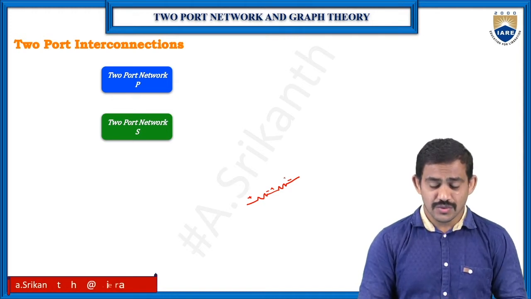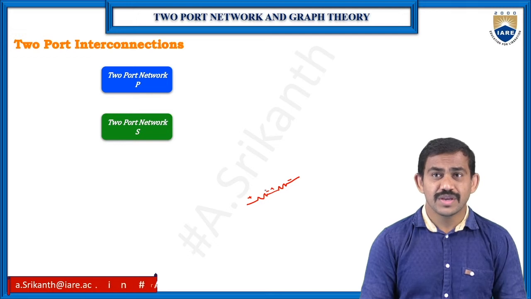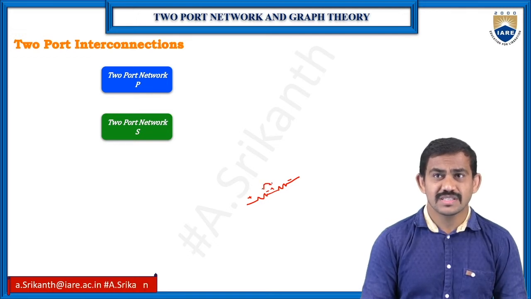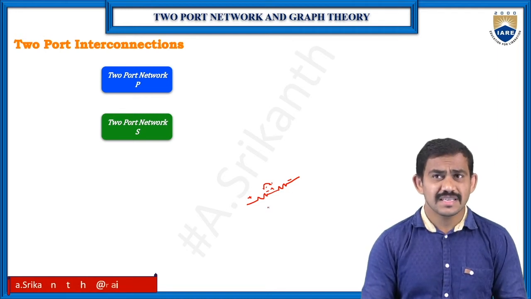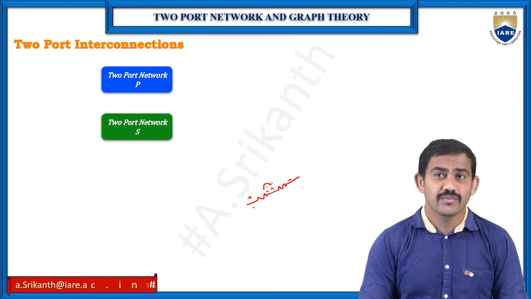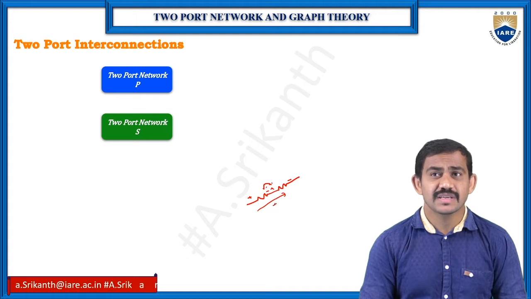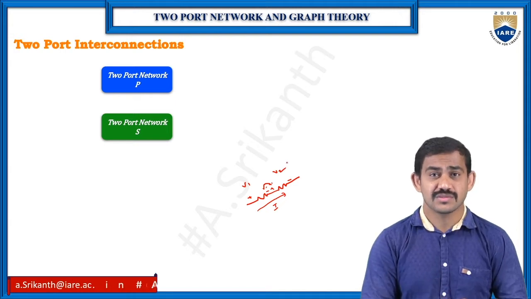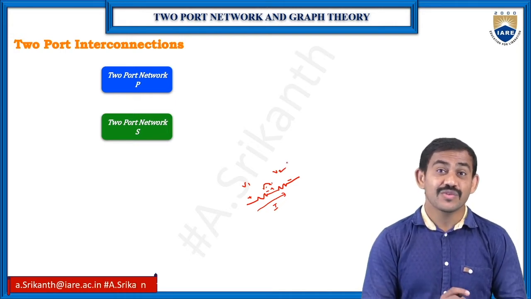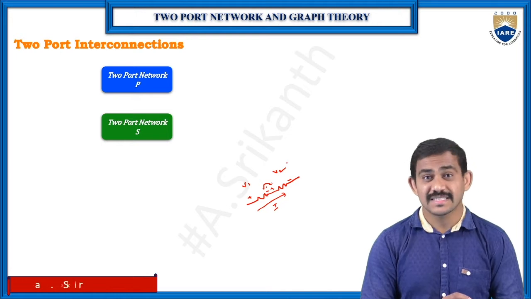Series means we need to connect negative and positive to each other at a point. When we have the series connection, the current is the same. The voltage is different, here V1 and here V2. Different values, but the current is the same when both are connected in series.